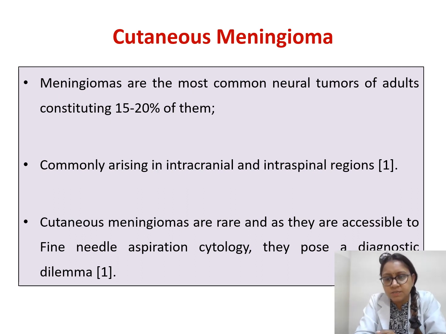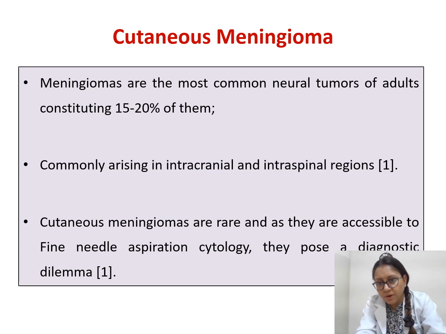Fine. So a few words about cutaneous meningioma now that you have diagnosed it. So see, overall meningioma is very common. This is a common neural tumor in adults, approximately 15 to 20%. Where does it commonly arise? This is seen in intracranial and intraspinal regions. Cutaneous meningiomas are rare, and since these are accessible to FNAC, they pose a diagnostic challenge according to the location where they are found.